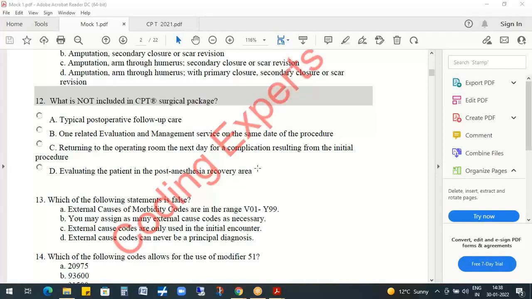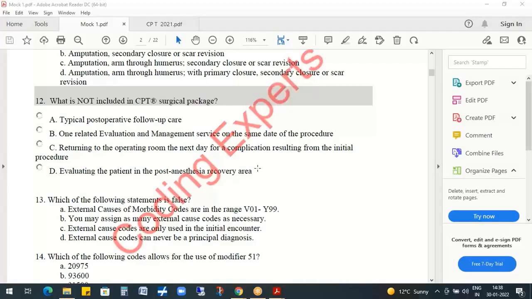Contents. You can see chapter number 20. Chapter number 20. Are you there? When you open the ICD book, before section 1, the contents will be there. Yes, sir.